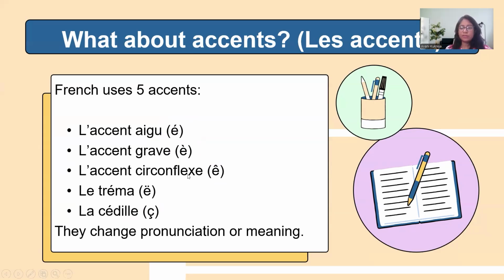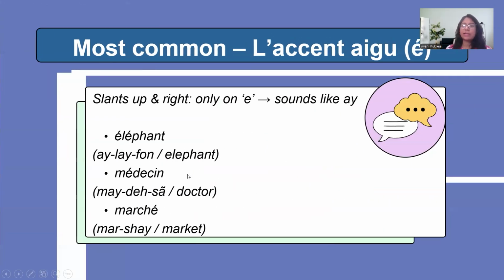Let's start with the first one, which is l'accent aigu. This appears only on the letter E, and aigu sounds like "ay". So the sound of E that we have learned is "uh", right? But when this accent comes on top of E, it's pronounced as "ay".